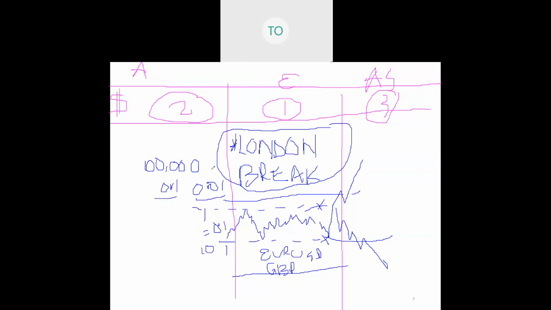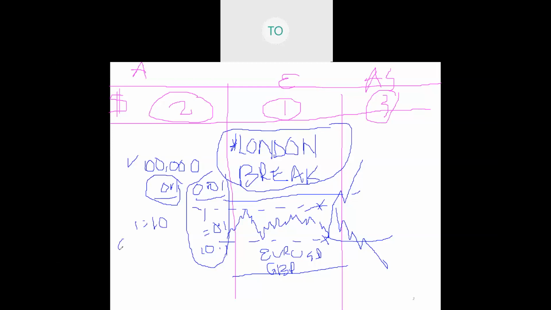Now, the news here is that even with that small lot size, when you start making one pip in a standard account, then one pip quickly gives you $10. One pip, $10.